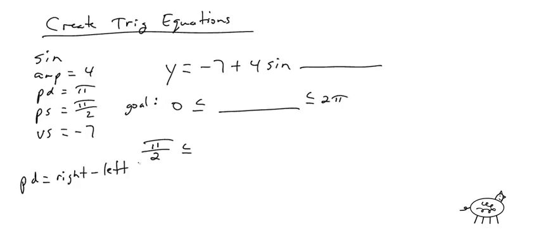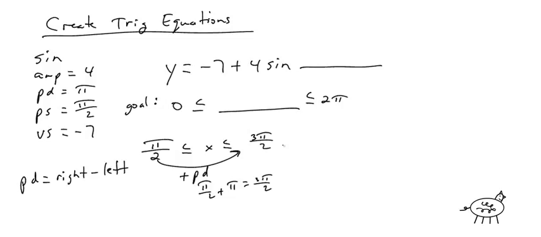They gave us the period. So if I'm giving you the left side, don't I add the period to get the right side? Sure enough, pi over 2 plus pi is 3 pi over 2.